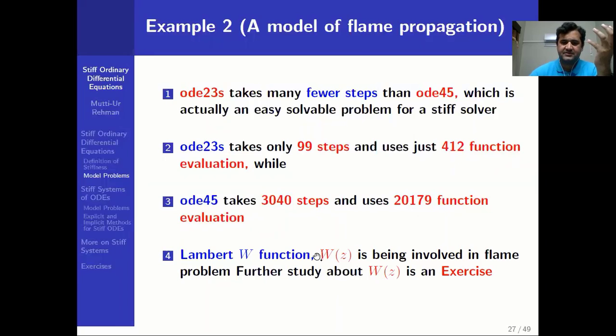So your homework is basically to try to solve this stiff ordinary differential equation. Let's say you try to solve this flame problem, and then in the solution, you will see this function and try to understand it.